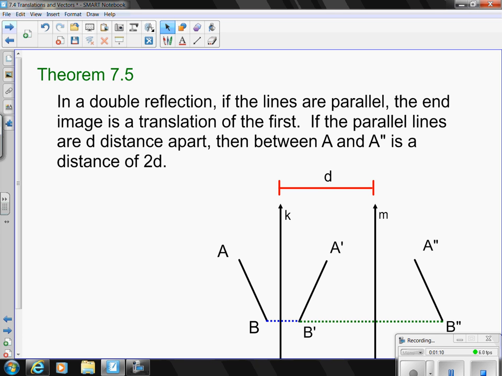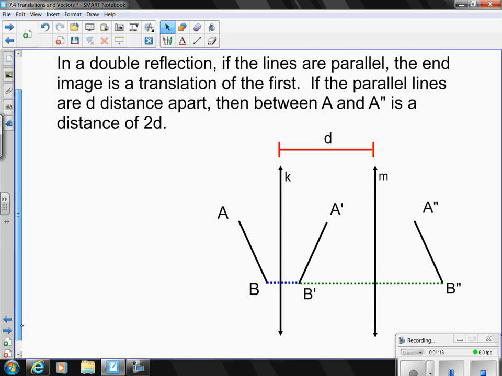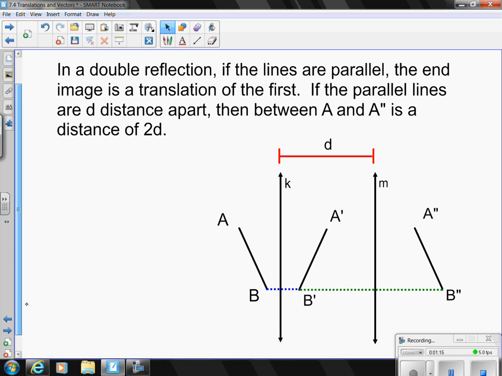Like the double reflection before, where in the last theorem, reflecting over two lines that intersect, we doubled the angle of that intersection to figure out the angle of rotation. Well, if we reflect over lines that are parallel, we're doubling the length.